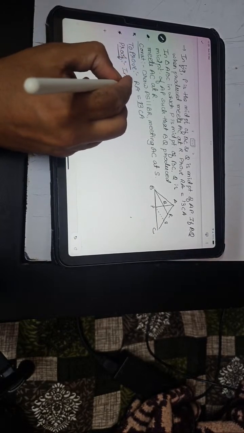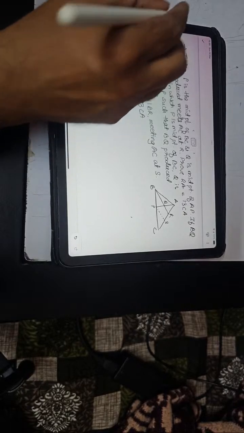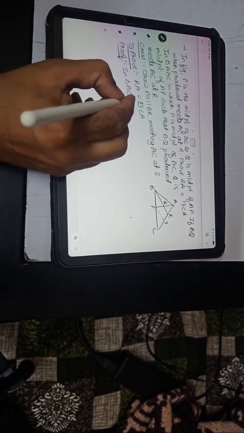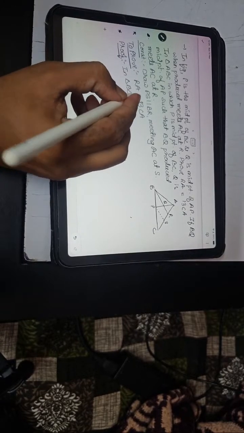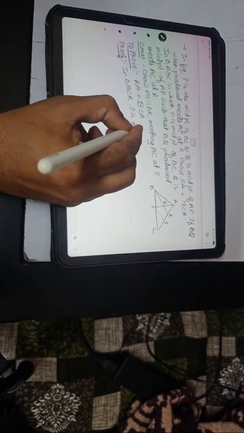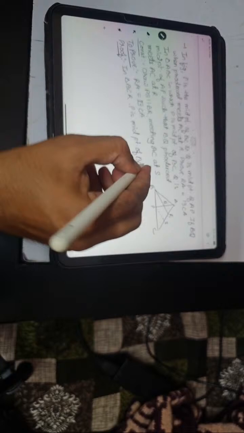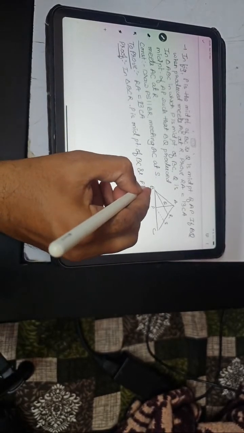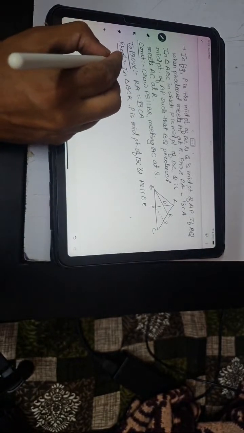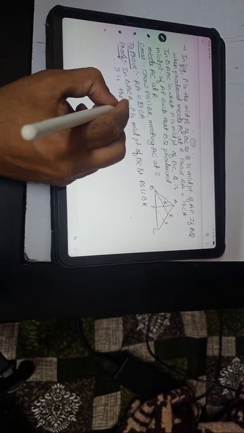In triangle BCR, P is midpoint of BC and PS parallel to BR. Therefore, S is the midpoint of CR.